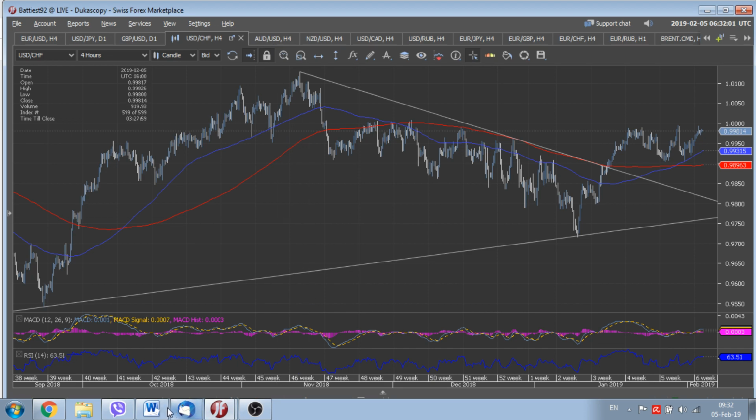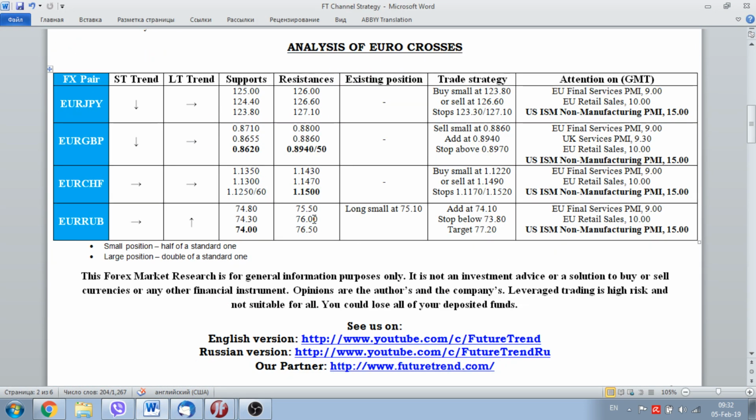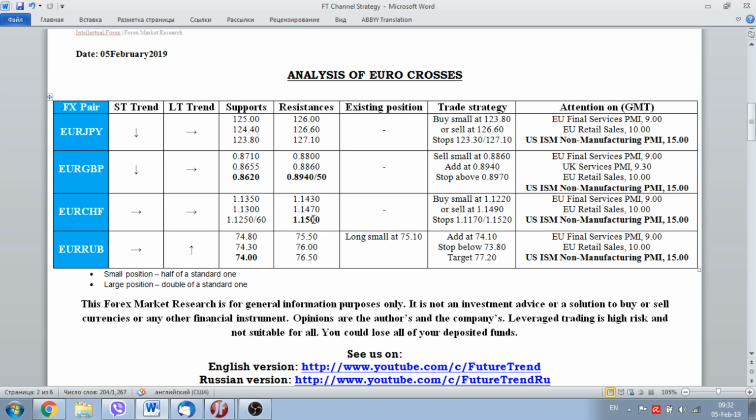As regarding some other currencies, here is our analysis of euro crosses, and we should concentrate your attention on euro sterling.